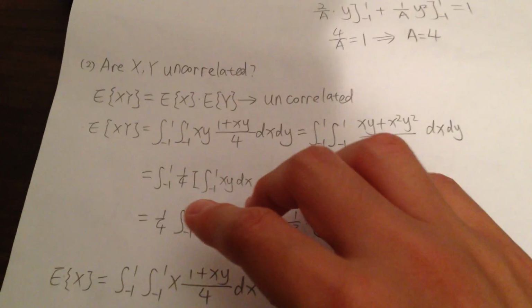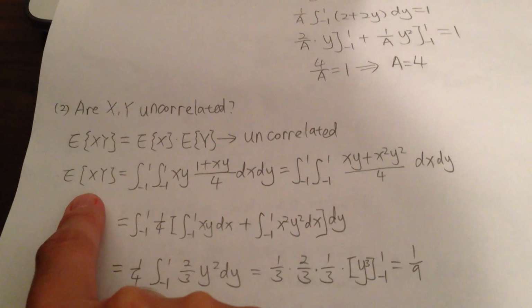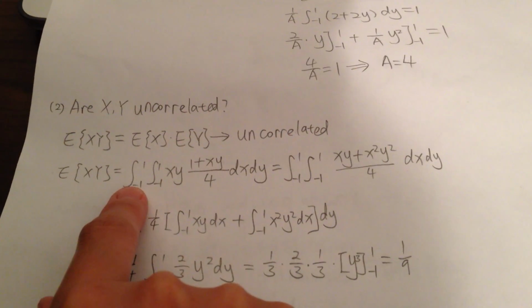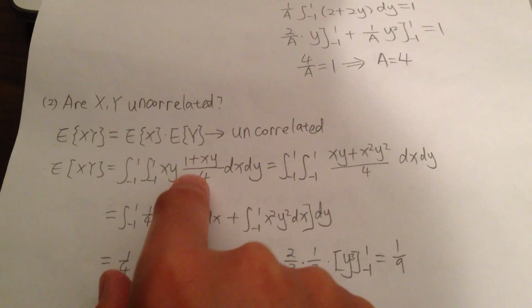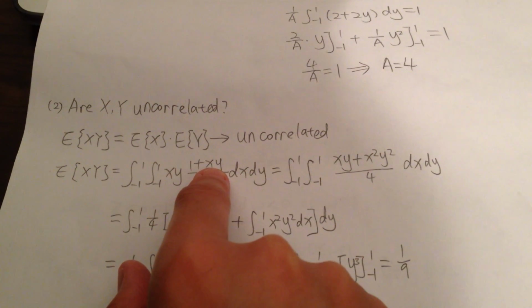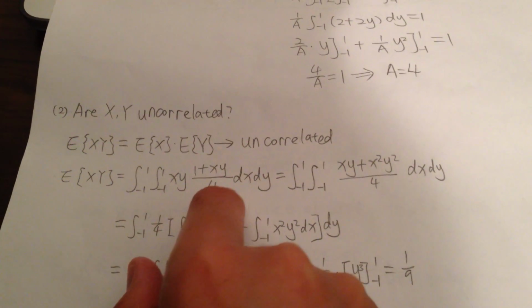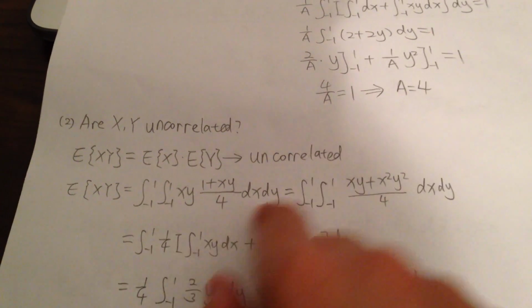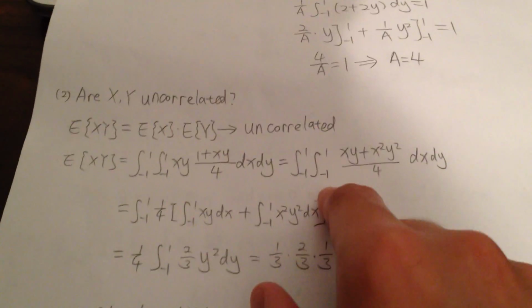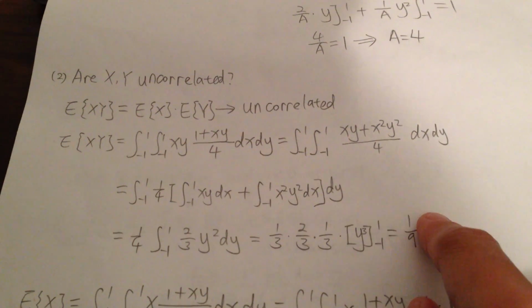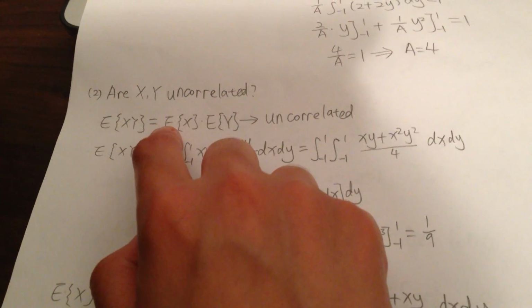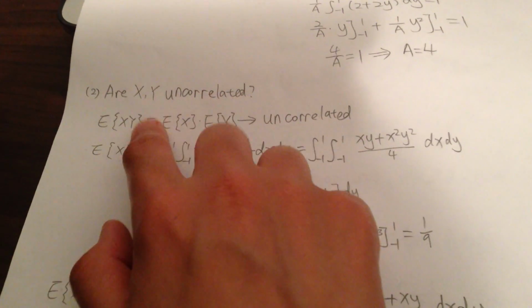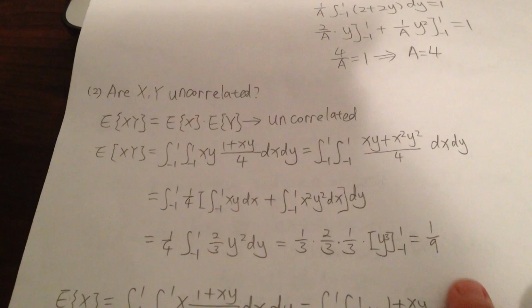The expectation of xy equals the integral from -1 to 1 of xy times (1 plus xy over 4) dx dy, where 4 we got from part A. After that we get 1 over 9 as the value of the expectation of xy.